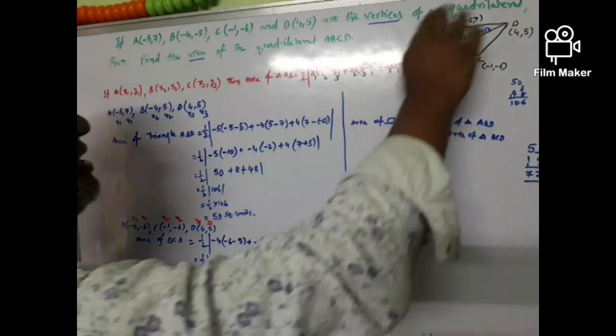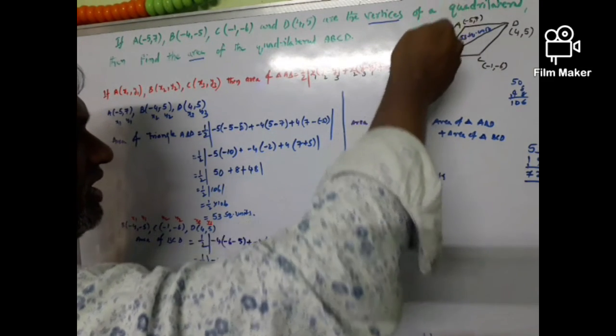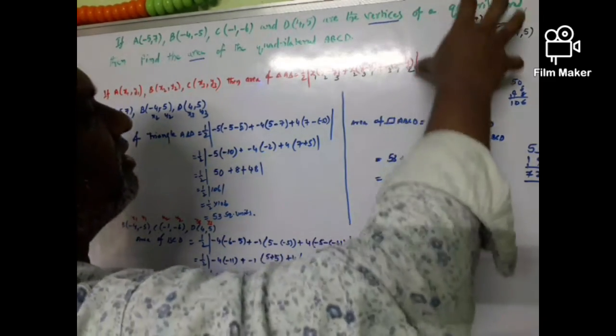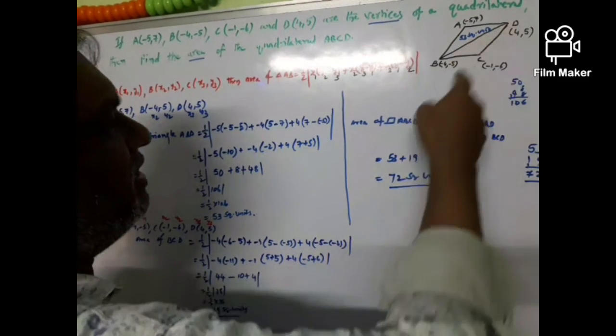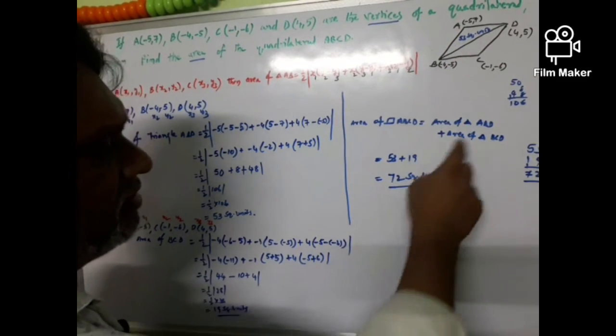We want the total area of quadrilateral ABCD, which is equal to the area of triangle ABD plus the area of triangle BCD.